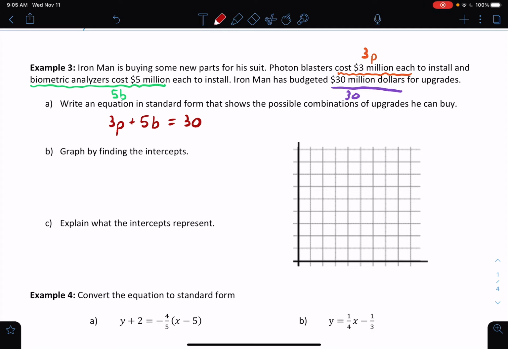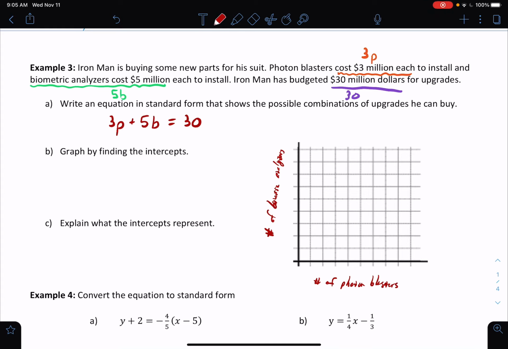Okay? So my x-axis, if I go to my graph, represents the number of photon blasters, and my y-axis represents the number of biometric analyzers. Okay?